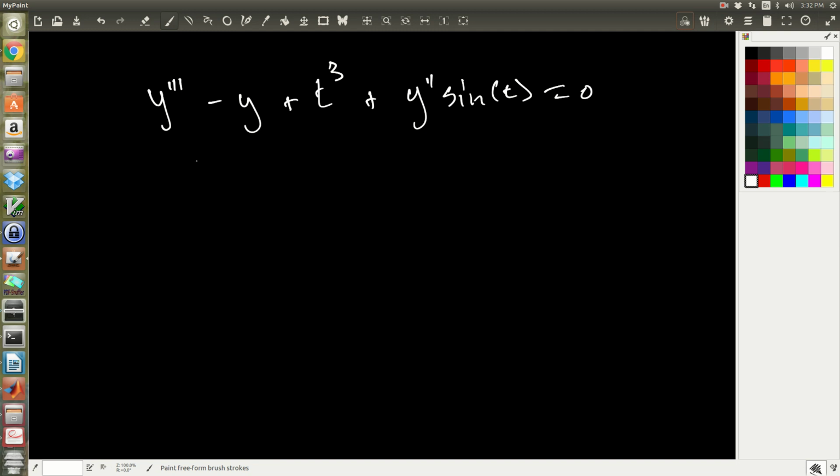I might ask you, first of all, what order is it? Well, what is the highest derivative that shows up? It's this one, which is y triple prime, the third derivative with respect to time, so that means it's third order. It's a third order ordinary differential equation.